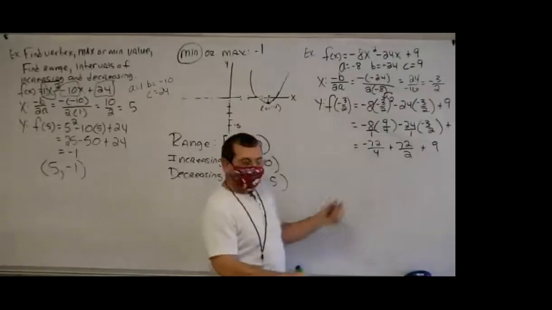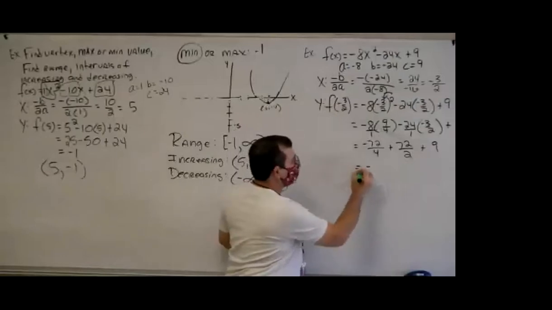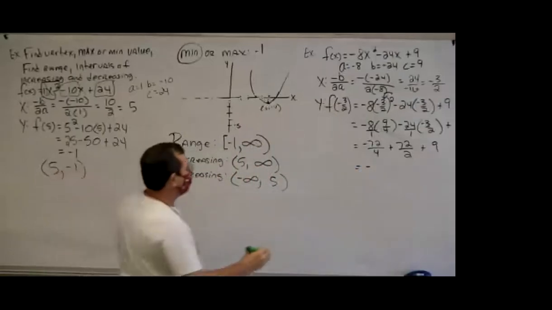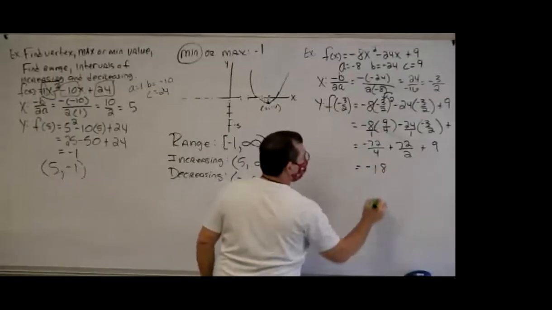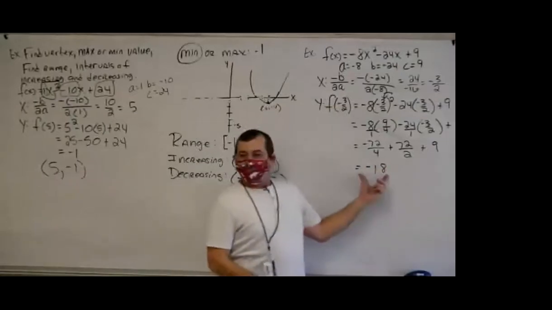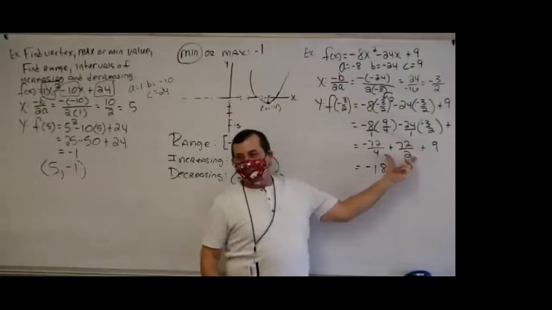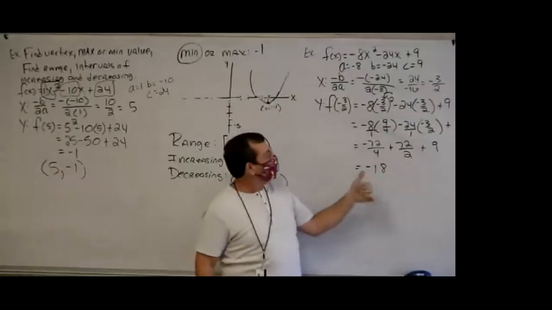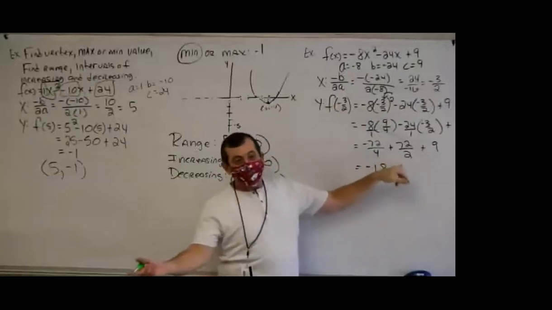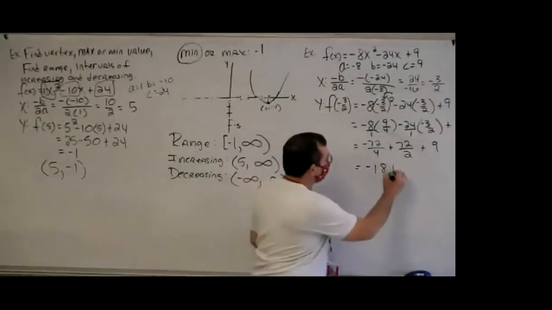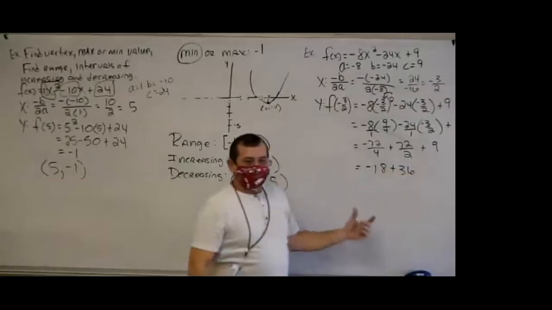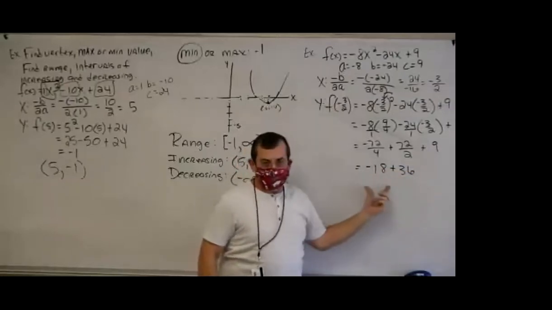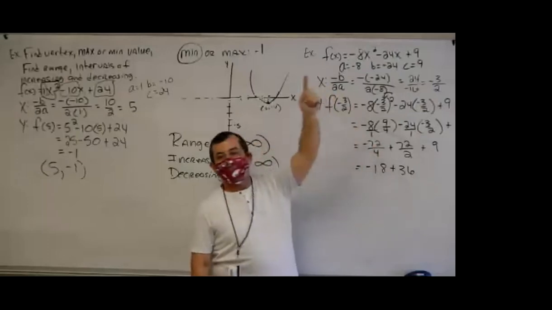See what I get? That'd be a negative 18. Well, if that's a negative 18, I know automatically this is going to be a positive 36, because it's always going to be twice this one. And 72 divided by 2 is 36. So notice, every time this one will be twice as big, opposite sign than this one. And then at the end, bring down that 9.